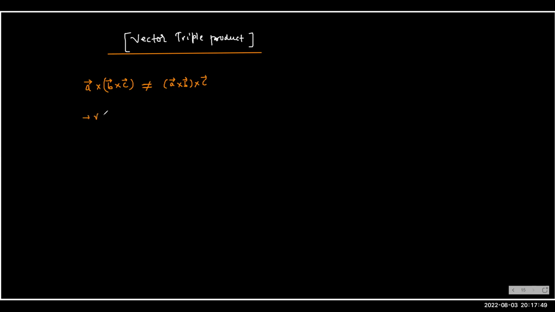So we say vector triple product is non-associative. Again, this is a law of mathematics. Like in normal scalars, if I write 5 plus 3 plus 2 or 5 plus 3 plus 2 with different grouping, are we going to get the same answer or different answer? Same.